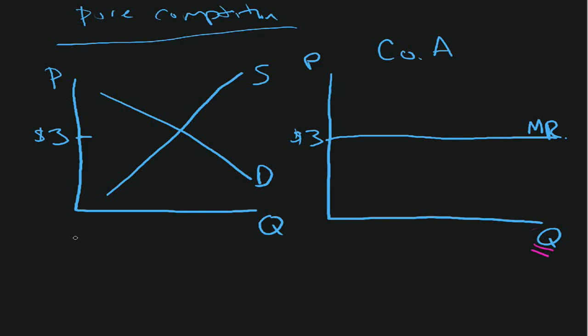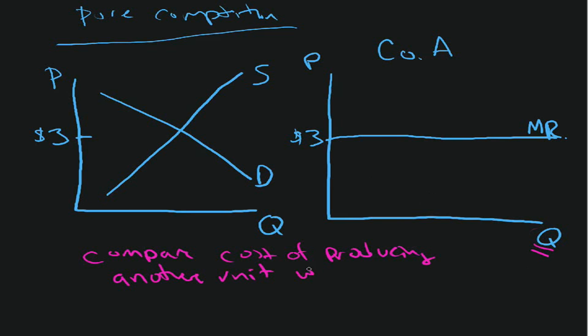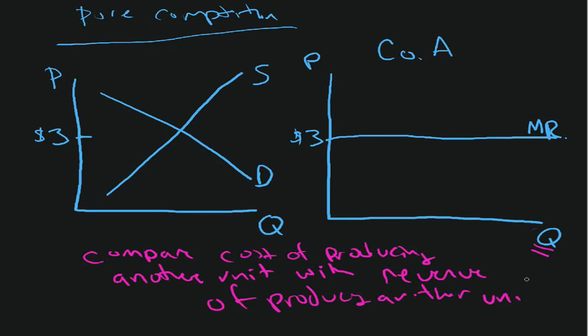And what they do is they decide by comparing the cost of producing another unit with the revenue of producing another unit. So they're going to compare the cost with the revenue.